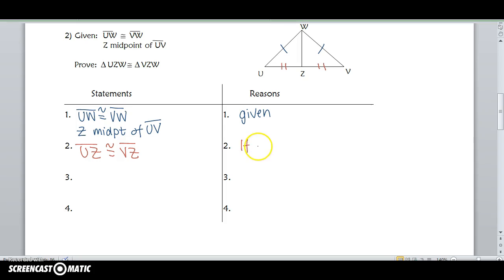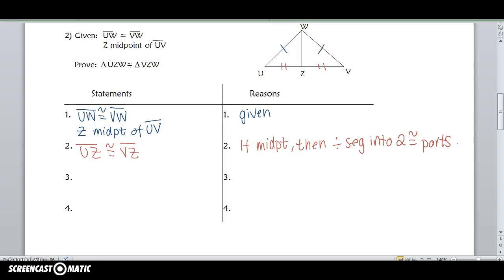If a segment has a midpoint, then it divides the segment into two congruent parts, right? We were given a midpoint, so let's form a conclusion. Cool.